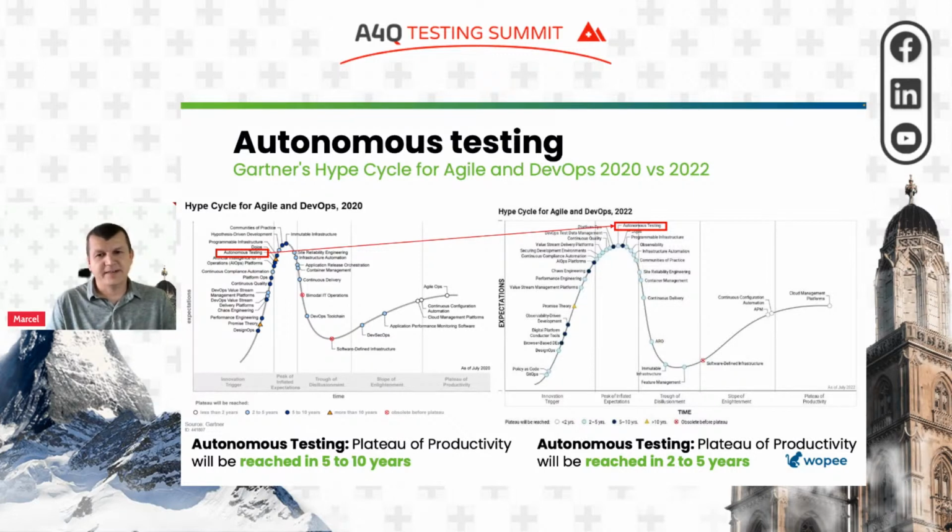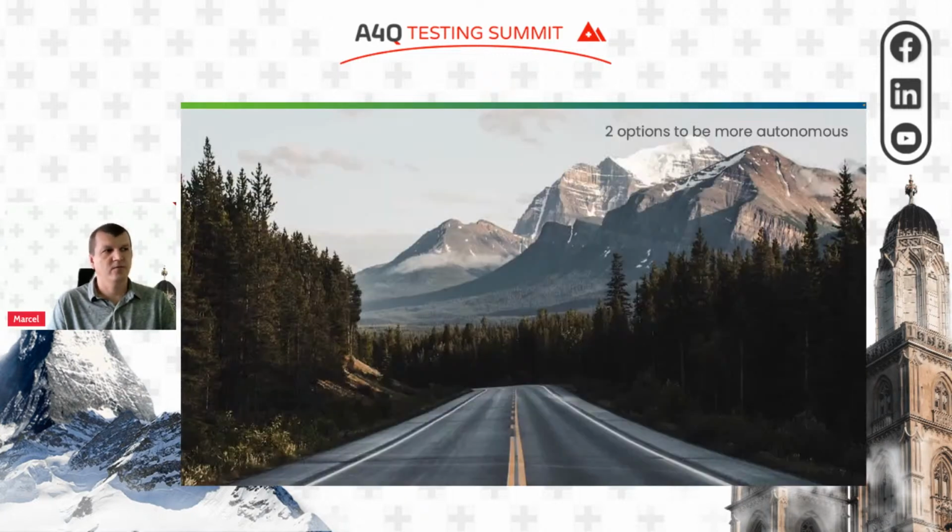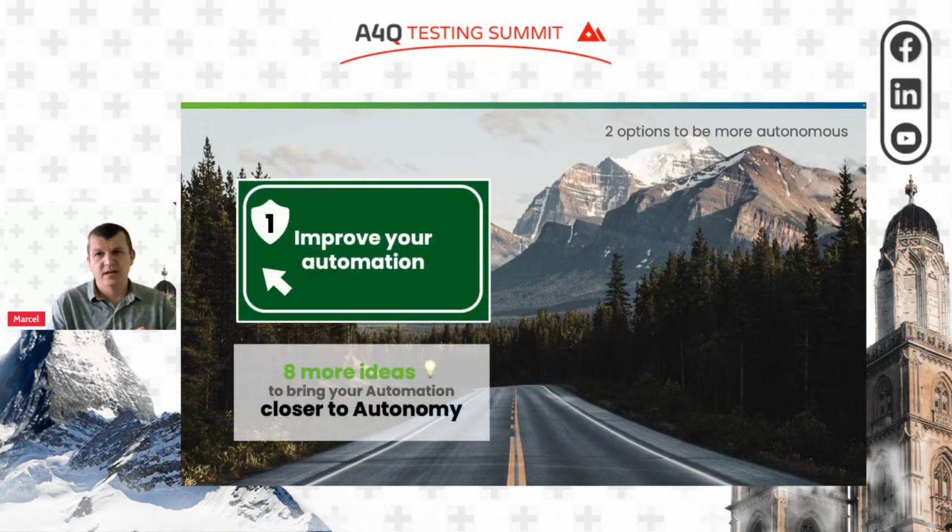And I believe there are 2 options or 2 directions we could go. Maybe at the end it'll merge into one, but I believe we could keep improving our existing test automation. And I will share some ideas on how we could improve our test automation to become more autonomous.